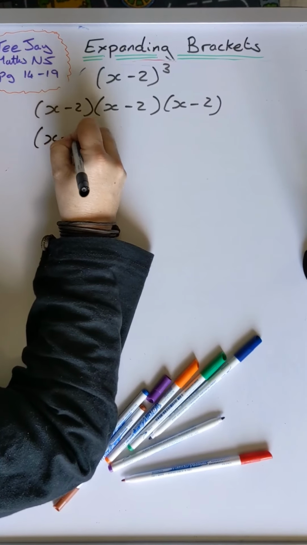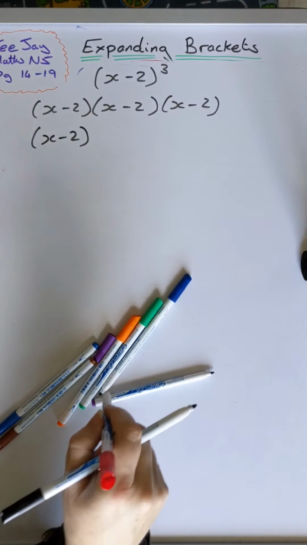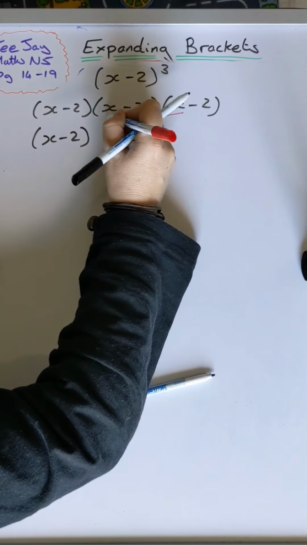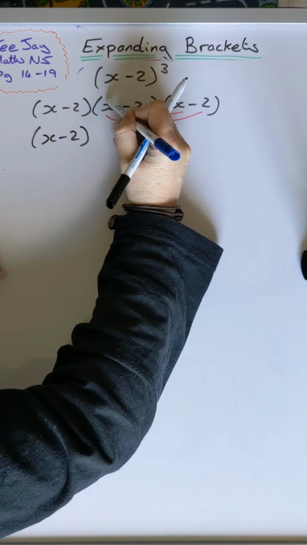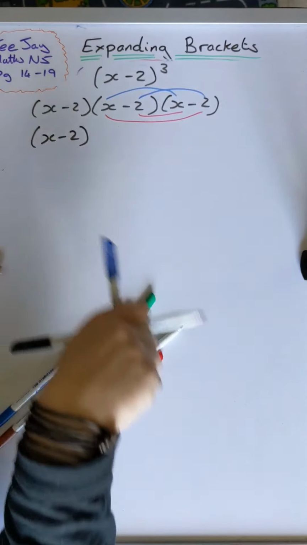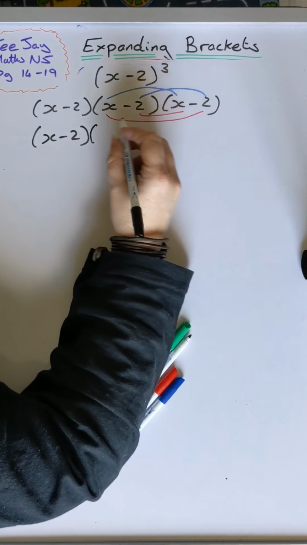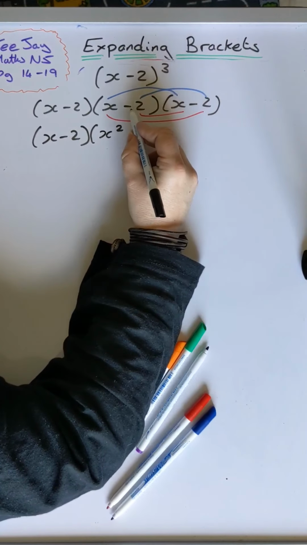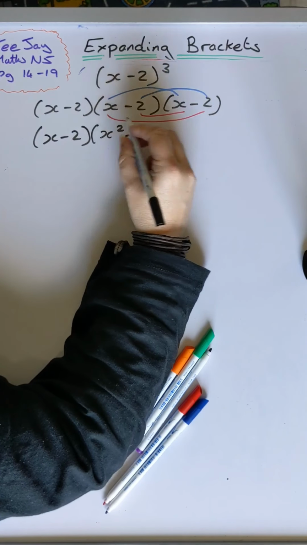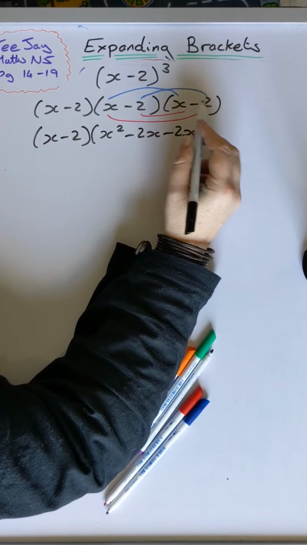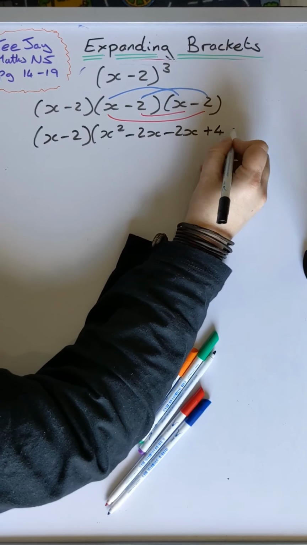So x minus 2, and then I am going to do face on this one. So I have times x squared minus 2x minus 2x, minus times minus is plus, so plus 4.